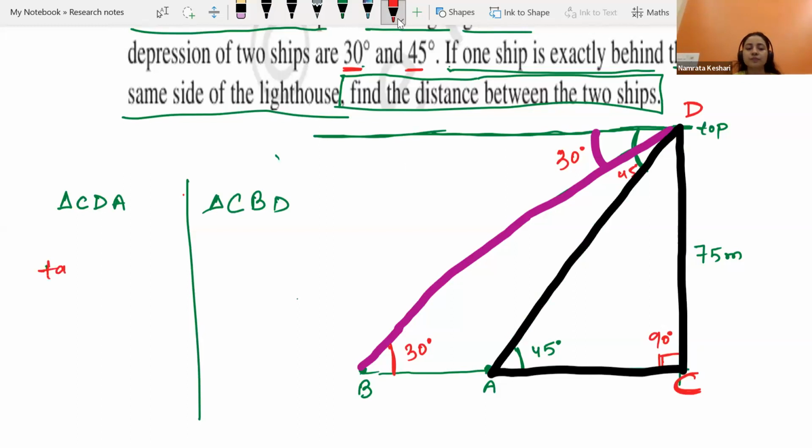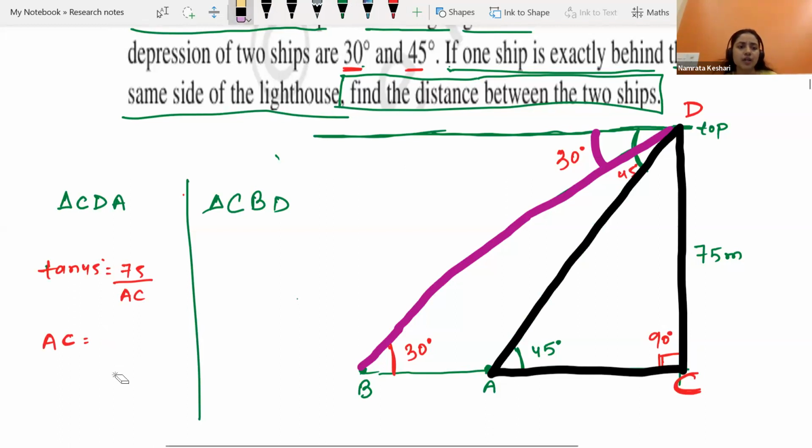Yes or no? Tan 45 is equal to 75 by AC. If you want, you can take AC as X or Y, whatever. Now we need to find AB. From here we are getting AC, and that is just 75, right? Because tan 45 is 1. It will be just 75 meter, right?